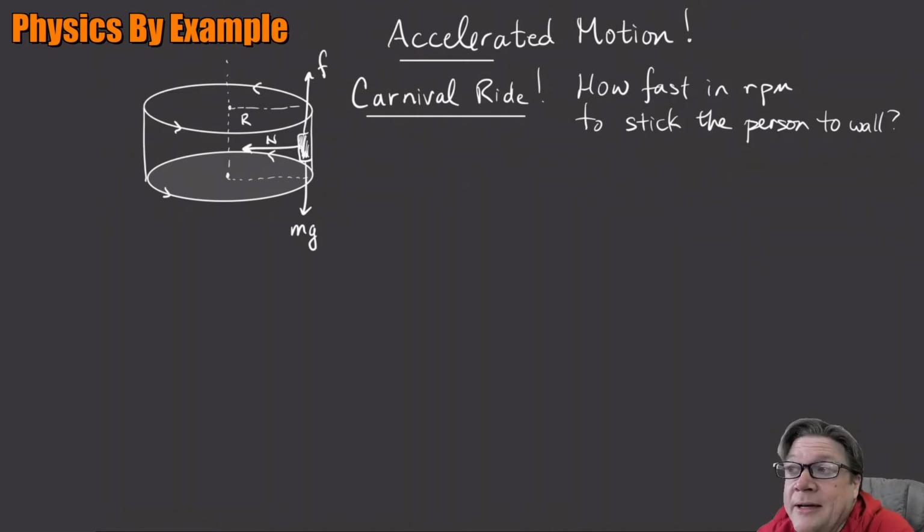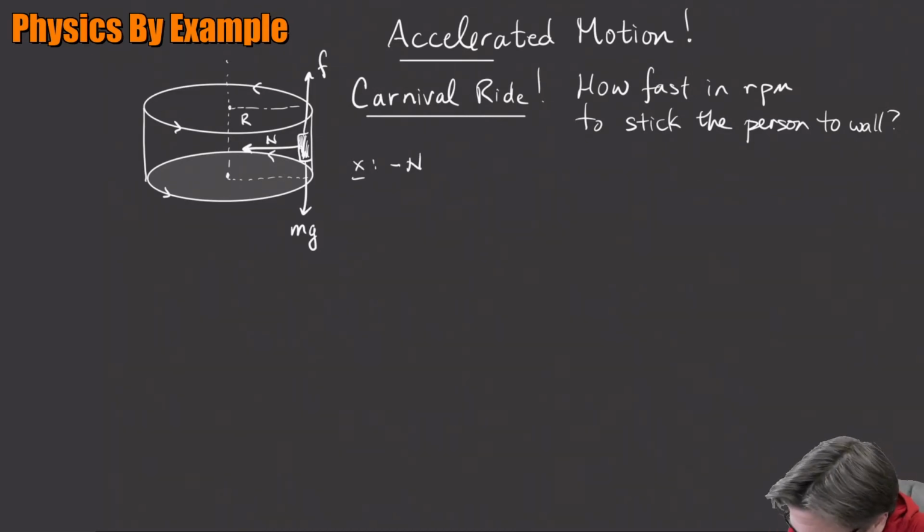Remember, this thing is spinning in a circle, so you're going to have centripetal acceleration, but that does not go in the list of forces. That goes on the right-hand side, as the result of all the forces being added together. In the x direction, I've got minus n, the only force, pointed to the left.